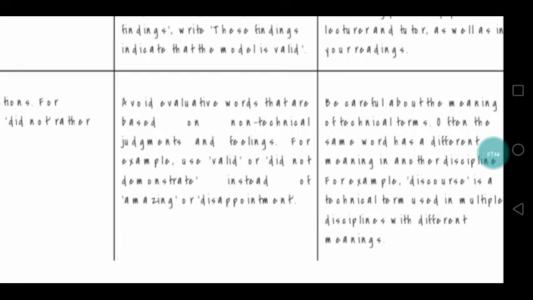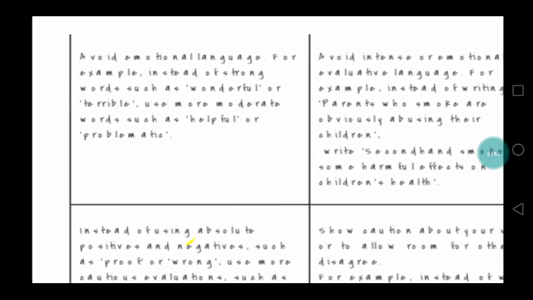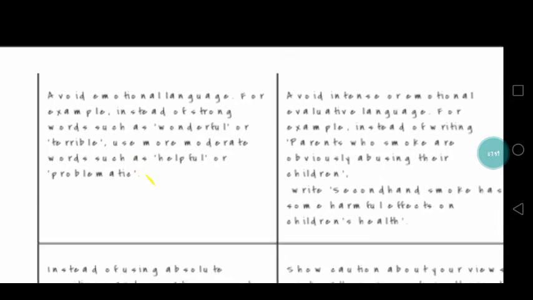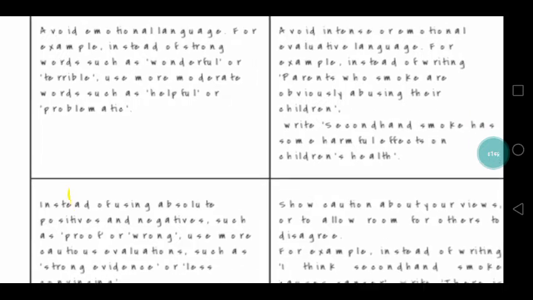For example, discourse is a technical term used in multiple disciplines with different meanings. Another one, for formal, avoid emotional language. For example, instead of strong words such as wonderful or terrible, use more moderate words such as helpful or problematic.